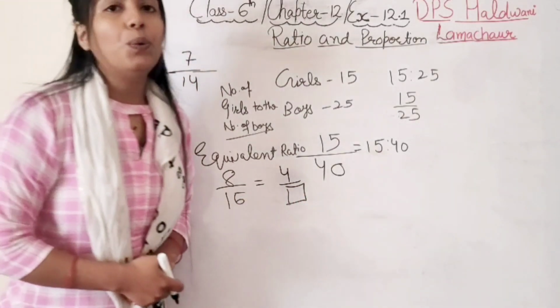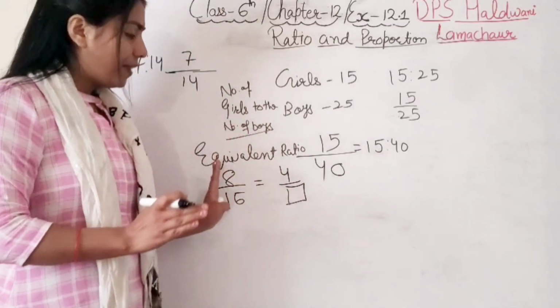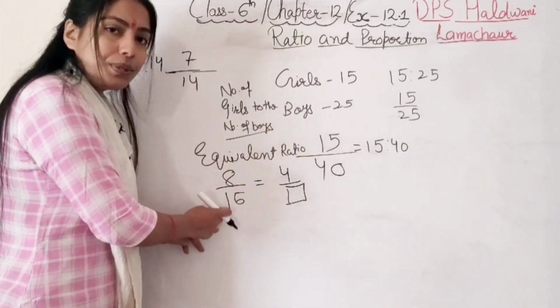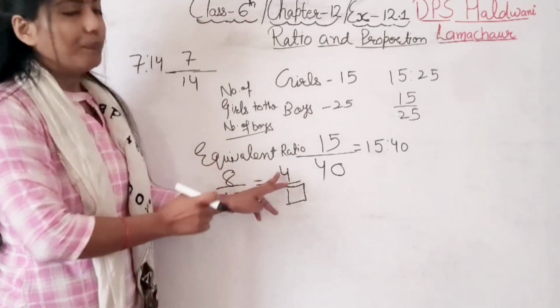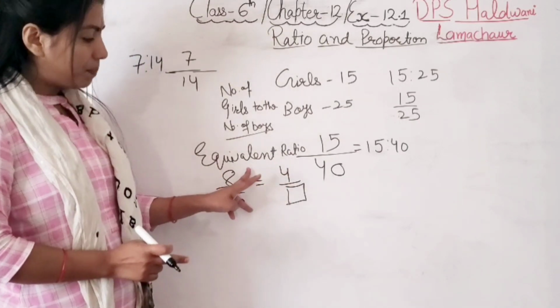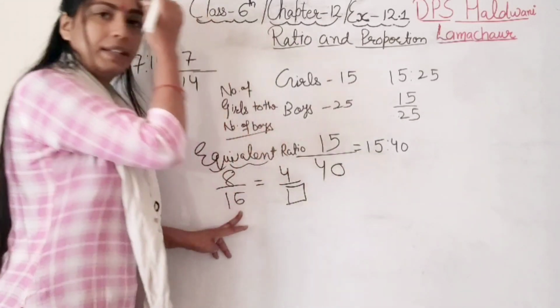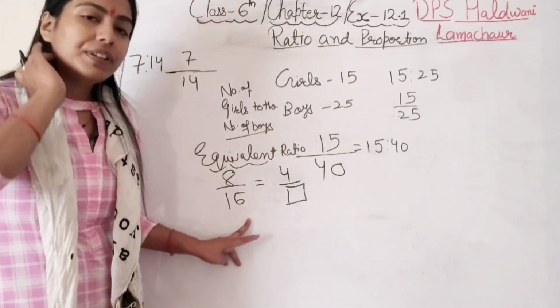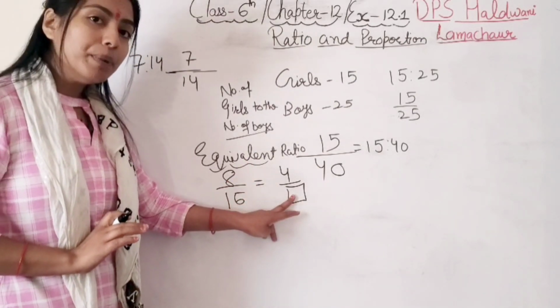So what is the equivalent ratio? Equivalent means that when we reduce 8 by 16 to the lowest term, it will be the same. Multiply or divide with the same number, that is called equivalent. Right? Now here a number is missing. What would be the equivalent number here?